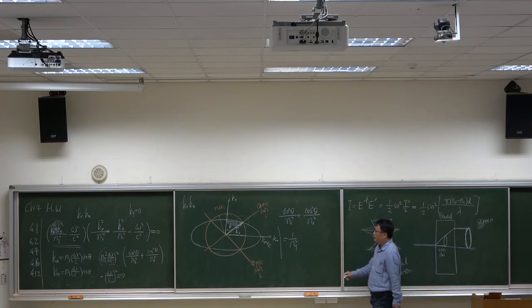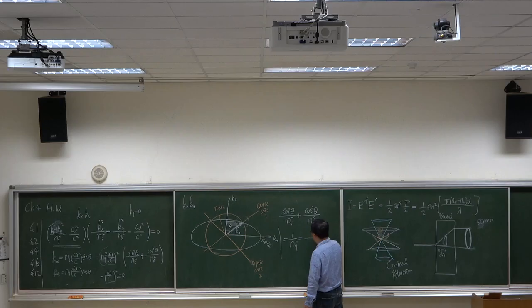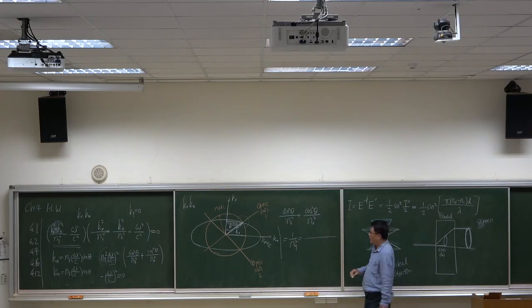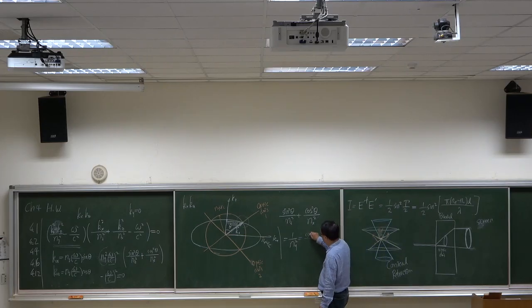And now you remember that according to trigonometric functions, 1 is nothing but the sum of cosine squared plus sine squared.